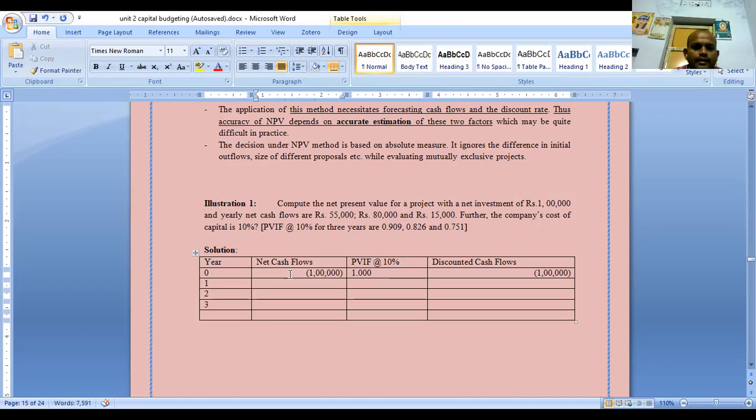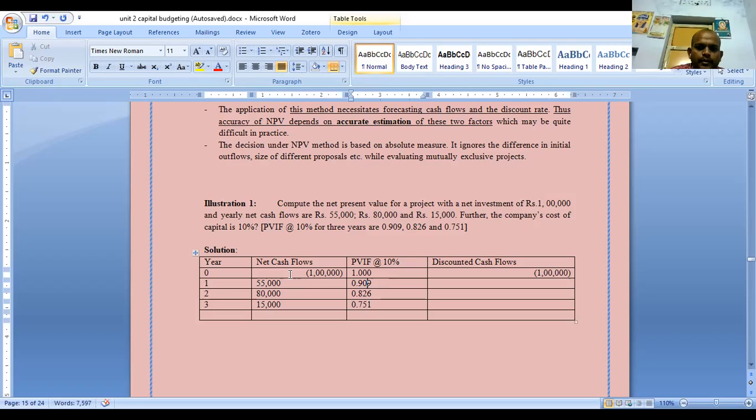Now we are calculating the present value of inflows. Inflows are 55,000, 80,000 and 15,000. Present value factors are 0.909, 0.826, 0.751.